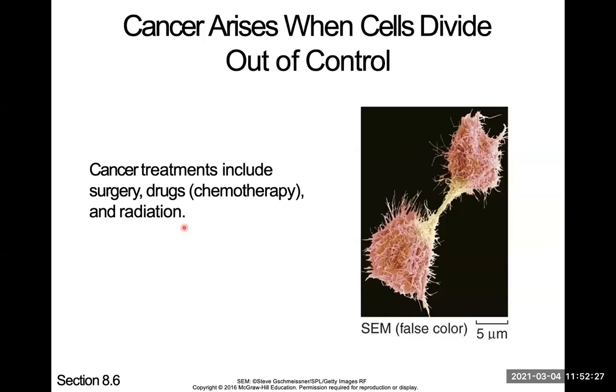Another thing I want to mention is that humans have been around for a long time, millions of years. But before modern medicine came around, the average lifespan was 30, 35 years, maybe 40 years old.